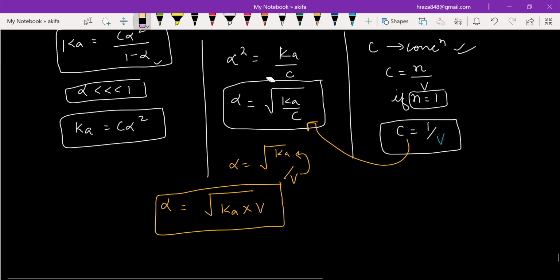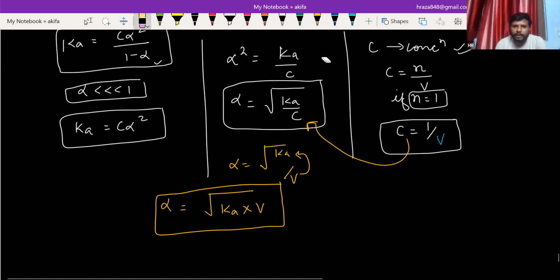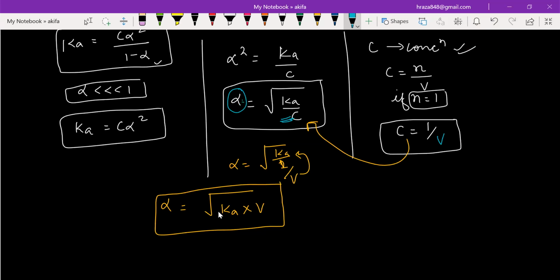So basically, according to Ostwald dilution law, you can see alpha is inversely proportional to concentration. Yes or no? Yes. And alpha is directly proportional to volume.